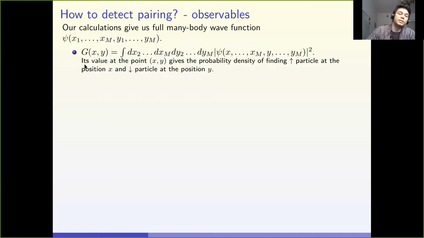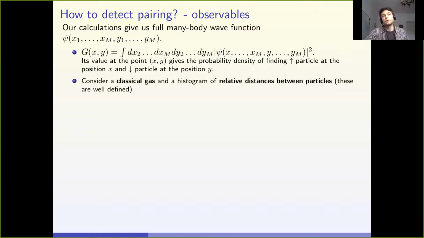And it's important what the interpretation of that function is. Okay, so it has a probabilistic interpretation. Its value at a given point, x y, gives you the probability density of finding an up particle at position x and a down particle at position y. Okay, so the two-particle correlations are captured by this function.